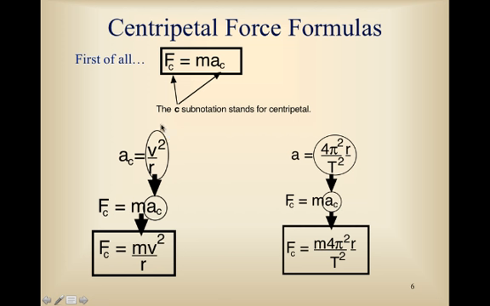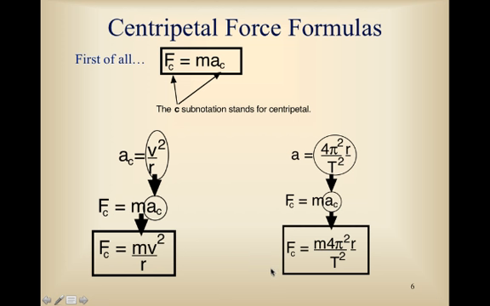So in other words, centripetal acceleration is v squared over r. Plugging that in, we can calculate centripetal force with this equation, mv squared over r. And we had this bigger, more complex centripetal acceleration equation. When we plug that in here, we get this centripetal force equation.